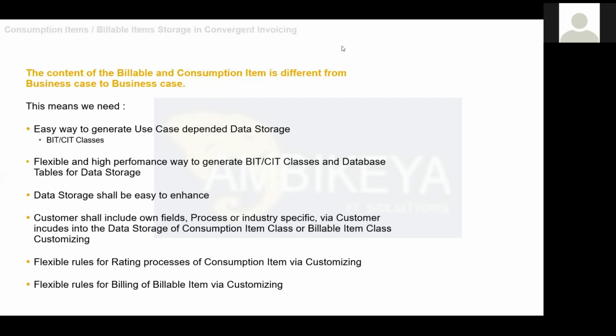We have a separate training, which is on 1909, for the subscription order management. We have a separate training for the convergent charging, which is being updated at the moment and will be delivered at the end of the year. We have a separate training for the convergent invoicing topics, where you learn how to customize, for example, BIT and SIT classes.